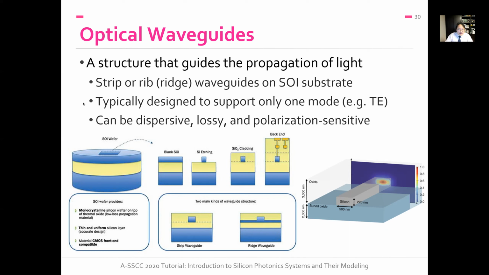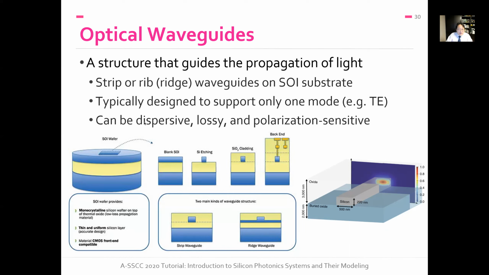There are some details about the waveguide. For example, in general, the waveguide can propagate multiple modes of light. But to avoid complexity, most optical waveguides used for silicon photonics systems are designed to support only one mode, for example, TE mode.